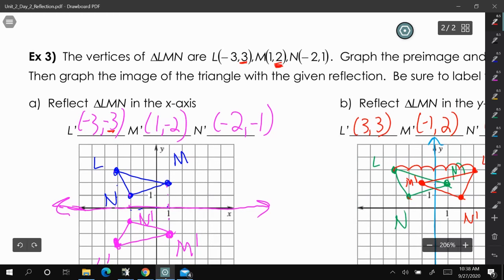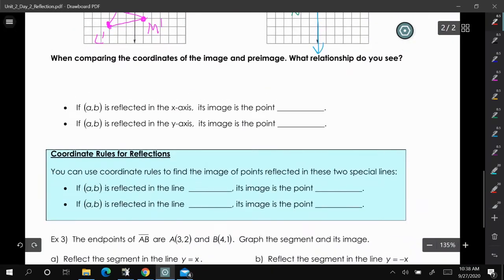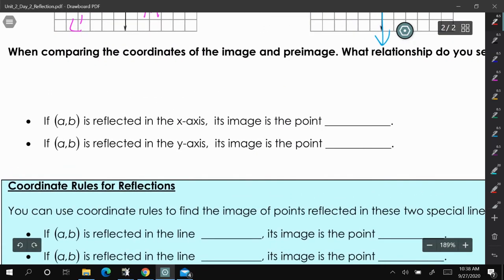Positive 2 became negative 2. Positive 1 became negative 1. So when I'm reflecting over the x-axis, the y-coordinate changes signs.